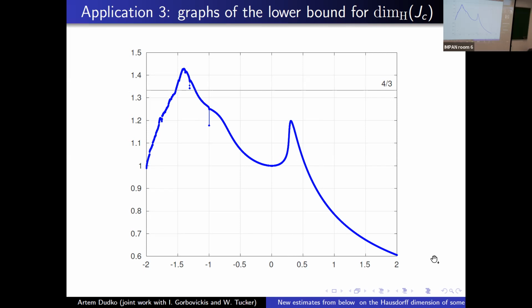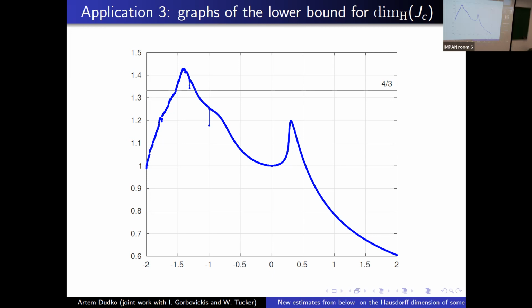So I suspect that this picture shows not the whole Julia set, but only the part which is a remnant of the old one. No, I'm guessing, I don't know. If this graph of Hausdorff dimension of the Julia set is definitely incorrect... Well, this is a lower bound.